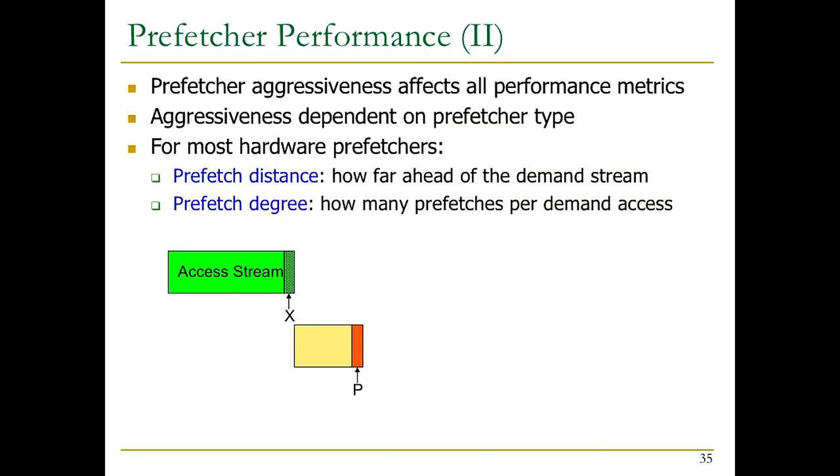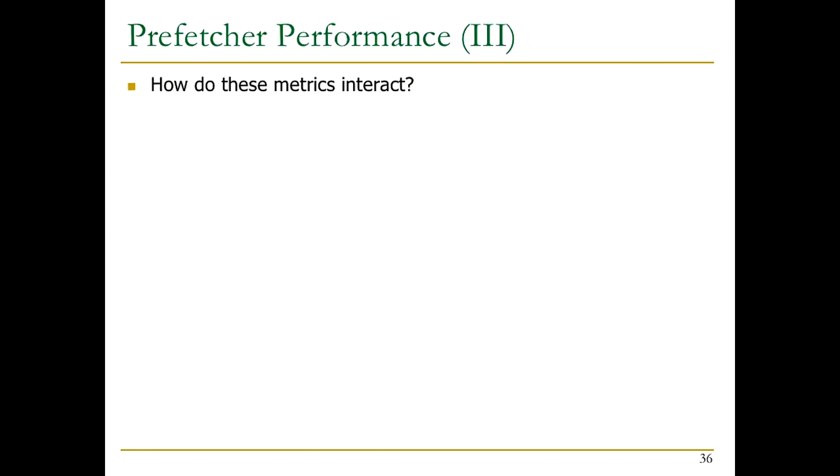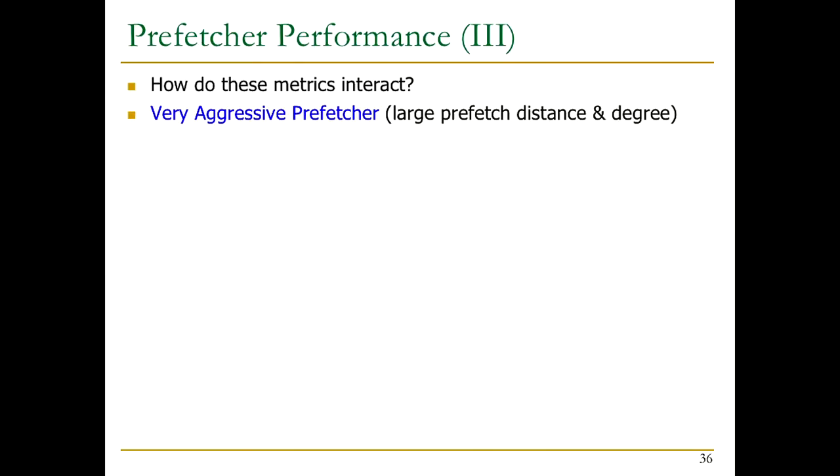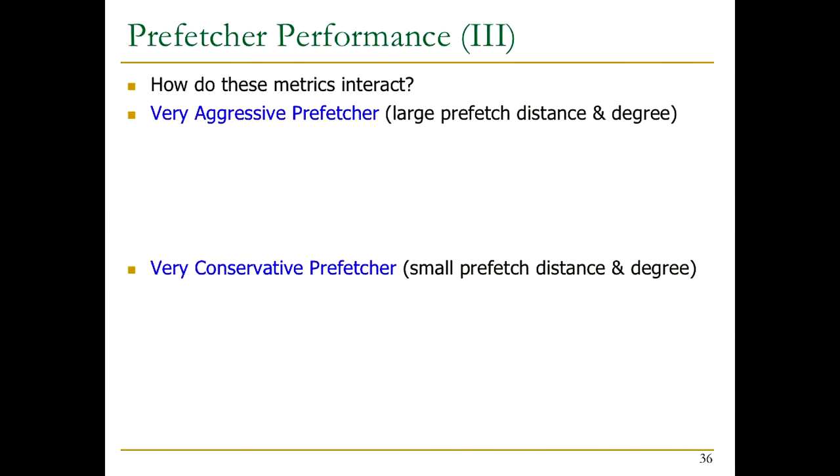Okay, so prefetch degree is this basically. Assume your distance is fixed like this. Prefetch degree is whenever you get an access to x+1, how many prefetches do you send out? So in this case, you send out 3. And these are both levers you can use to control the aggressiveness of the prefetcher. And these metrics interact with each other. For example, with a very aggressive prefetcher, with a large prefetch distance and degree, you have different trade-offs compared to a very conservative prefetcher.